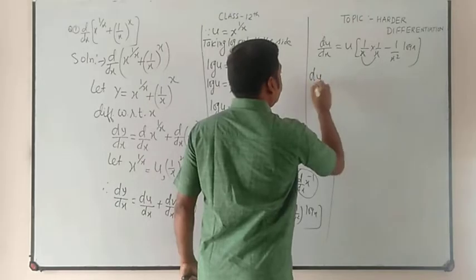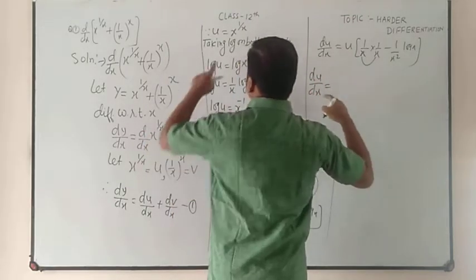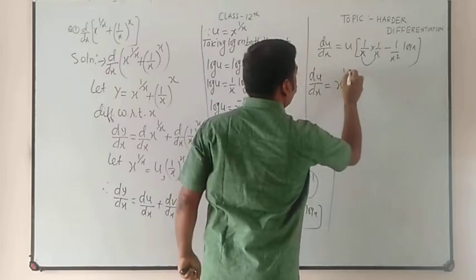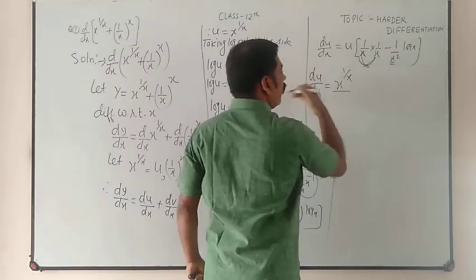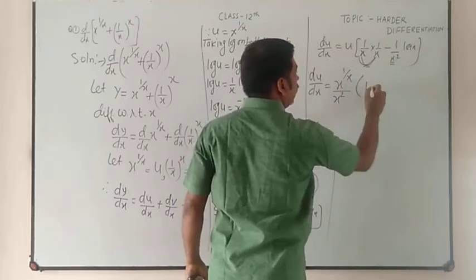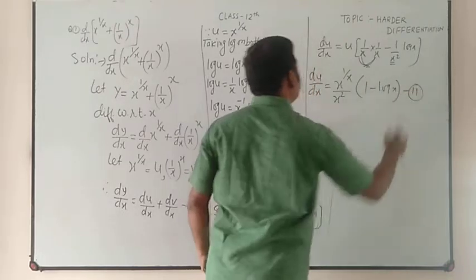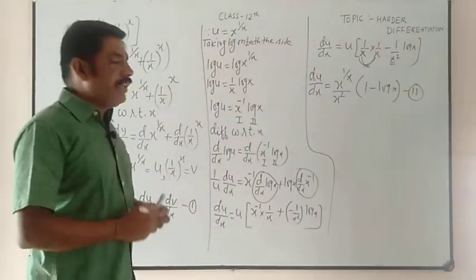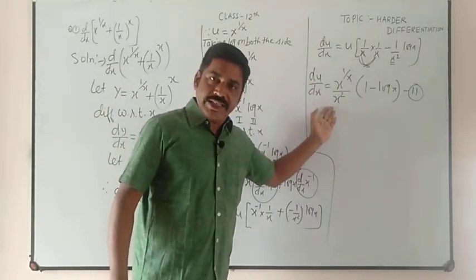So put the value of u. The value of u is x raised to 1 upon x, and we take 1 upon x square as common. So inside it is 1 minus log x. This is equation number 2. So we got the value of du upon dx.